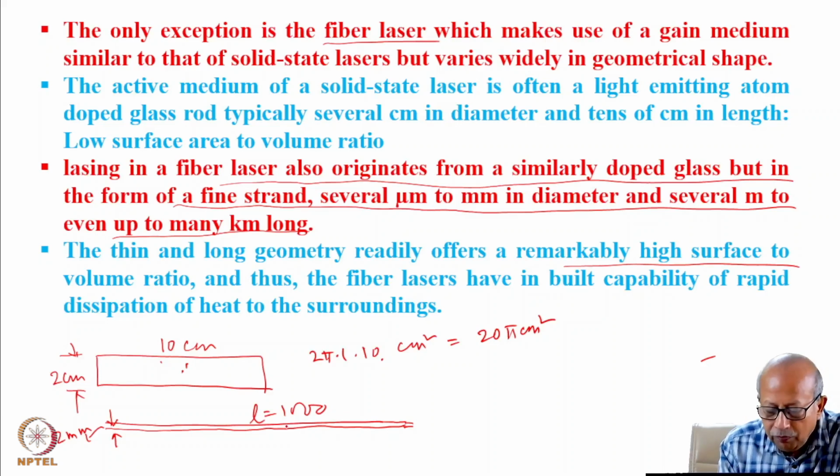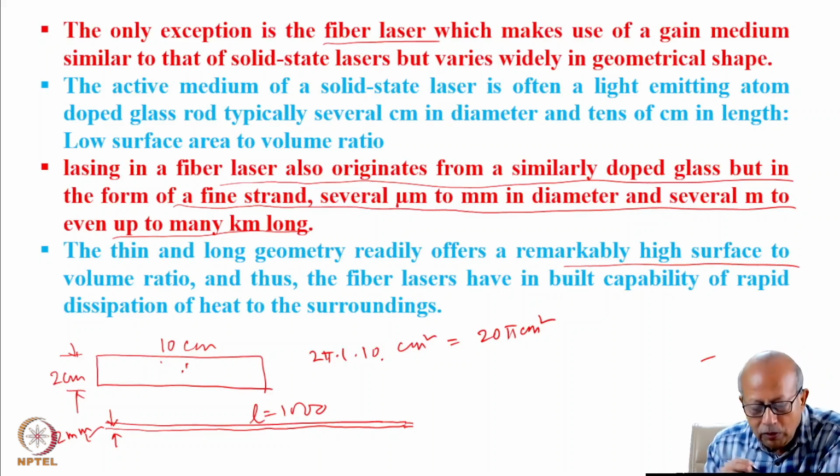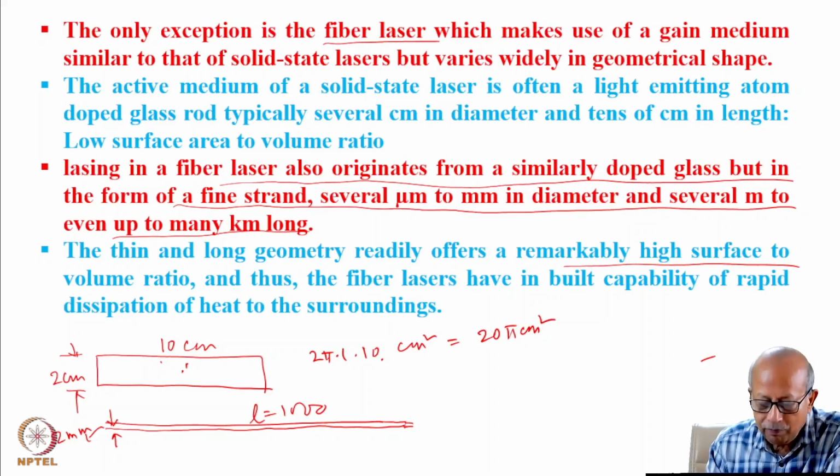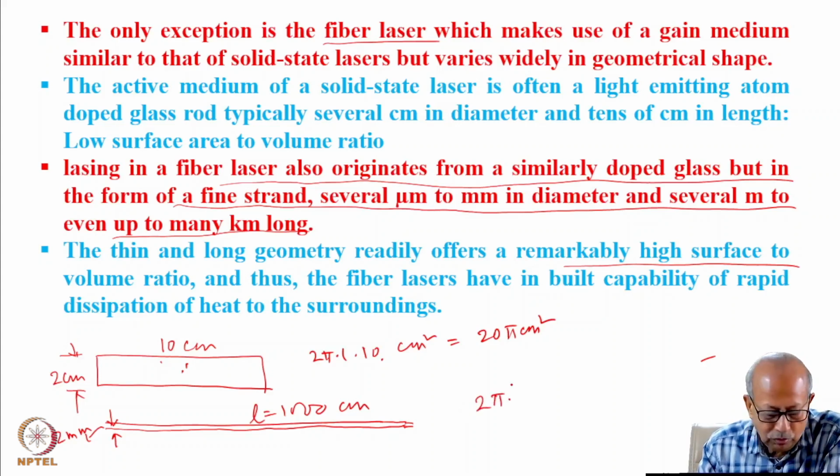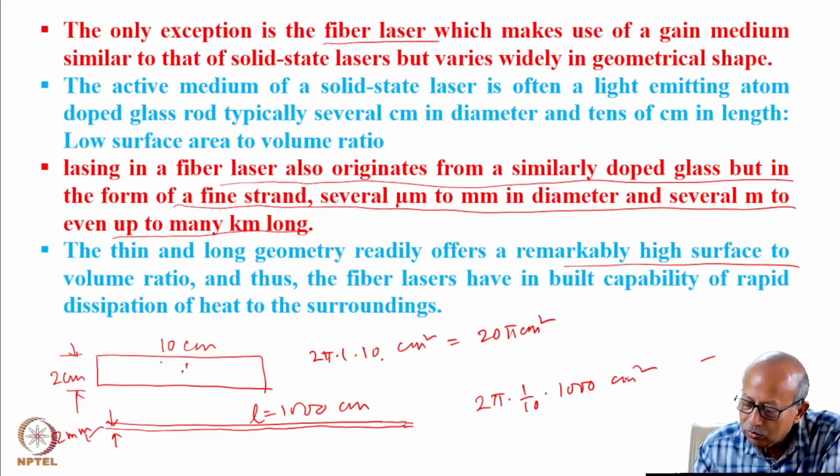And what will be the surface area of this fiber, whose diameter is 2 millimeter and length is 1000 centimeter? This is 2 pi into r. r is 1 millimeter, that is 1 by 10 centimeter, into length is 1000 centimeters. So this many centimeters square.